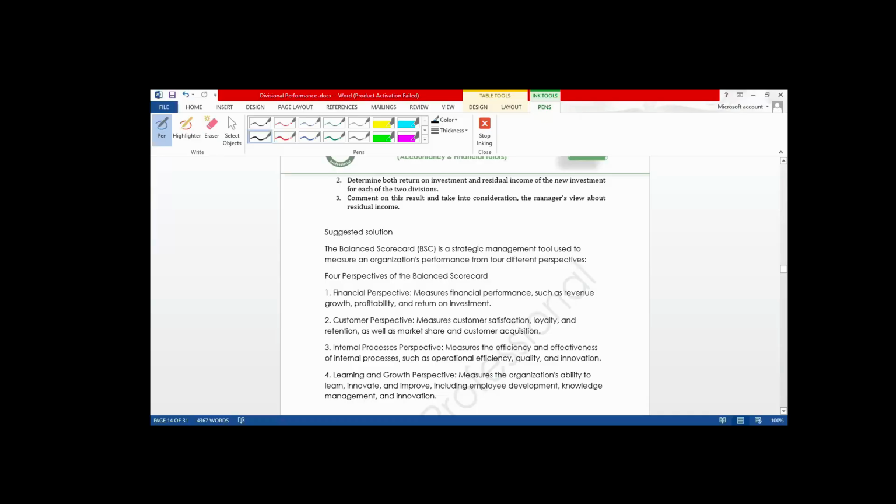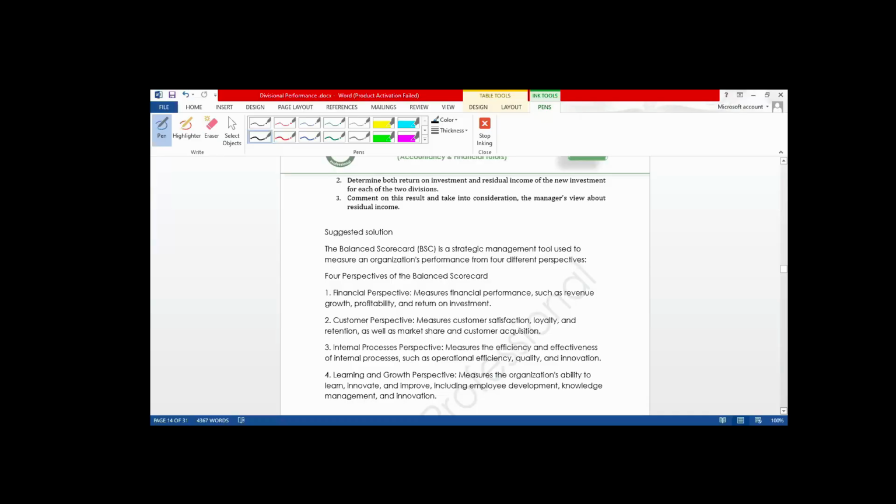The company must ask itself, where is our core competency? Where does our strength lie as a business organization? Then number 4, learning and growth perspective.